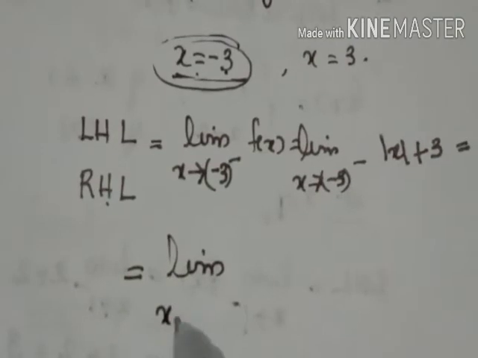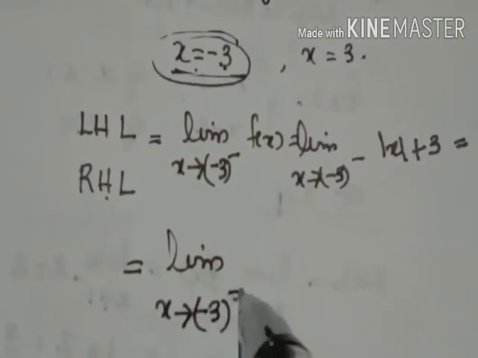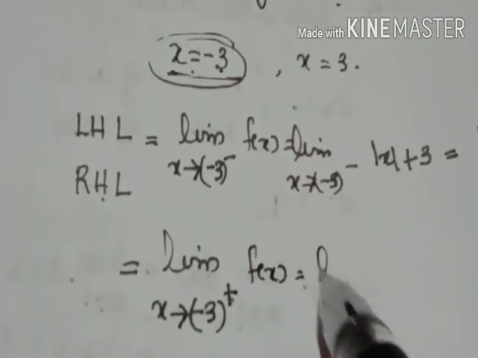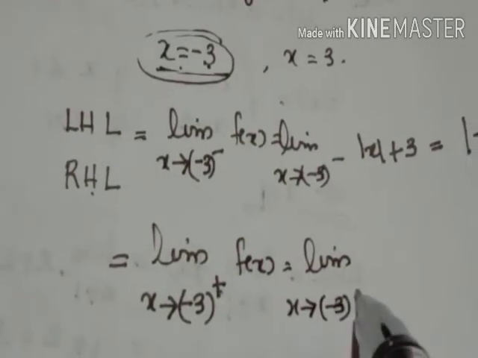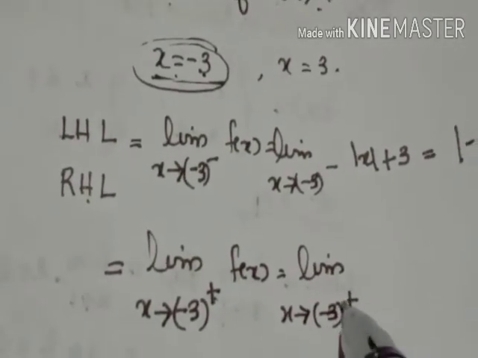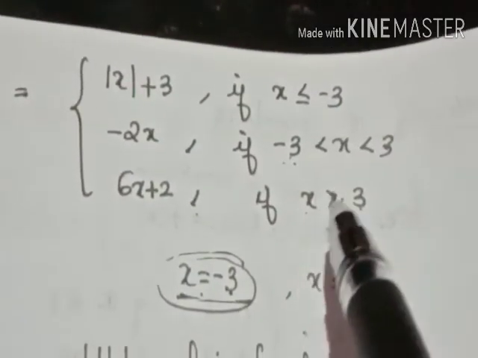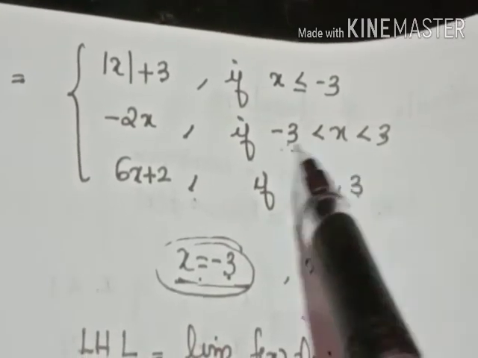So by definition, right hand limit equals limit x tends to minus 3 plus f of x. Minus 3 plus means greater than minus 3. So look here, greater than minus 3 means this is the interval.